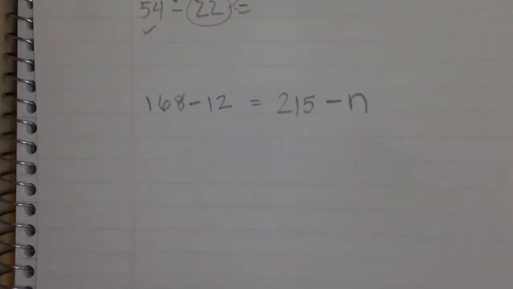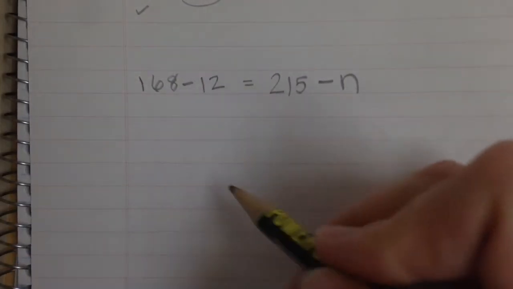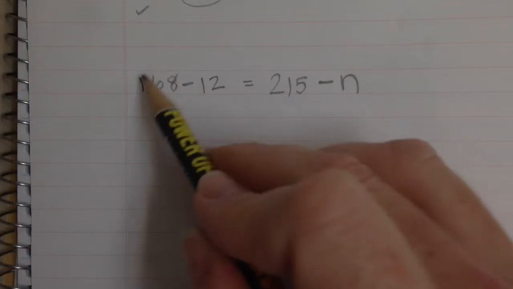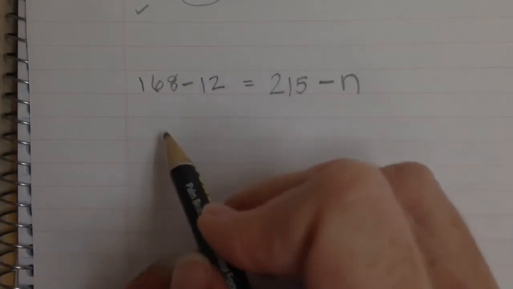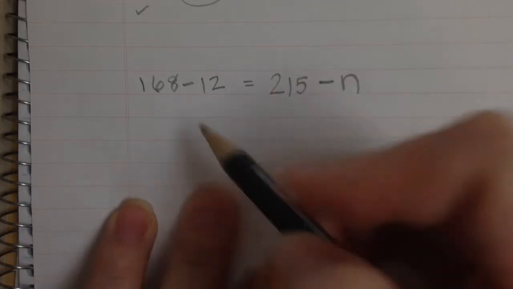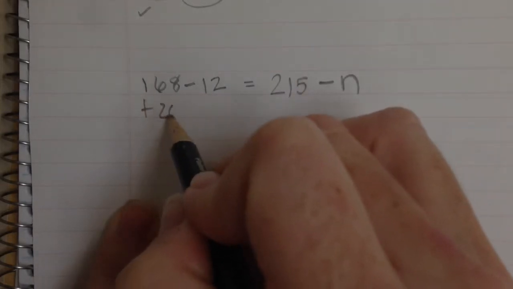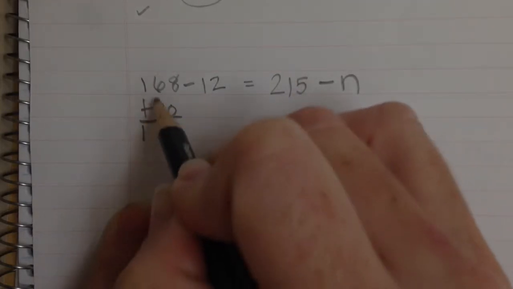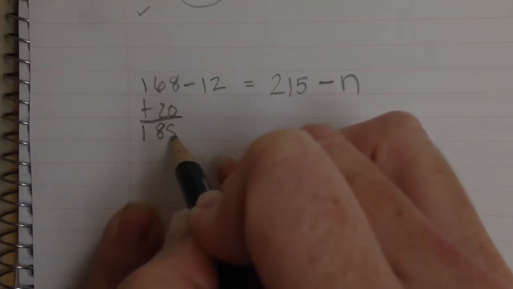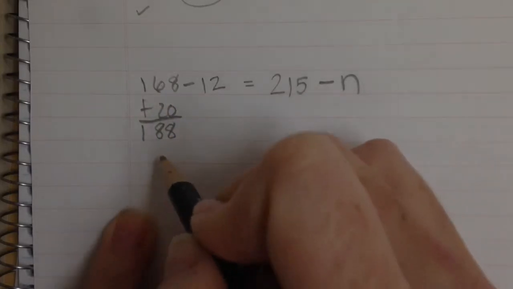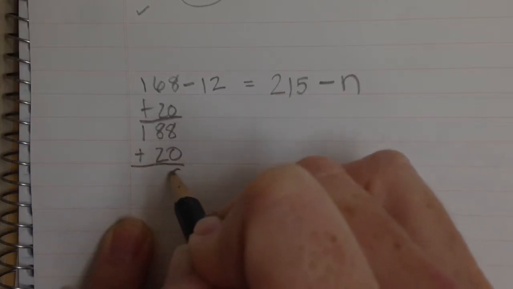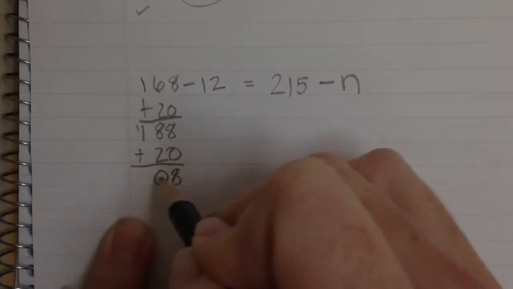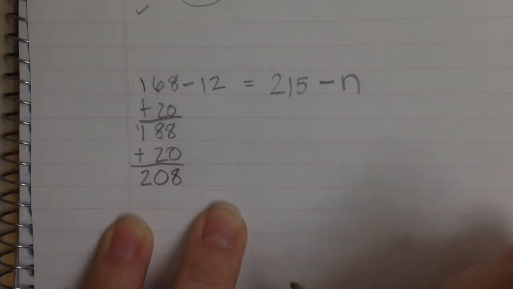Here's one with hundreds place. Again, we want this number to match this number. You can add in increments of maybe 20. If I added 20 here, that would be 188, almost. If I add 20 more, $208.